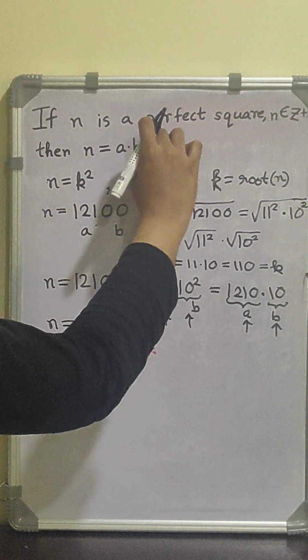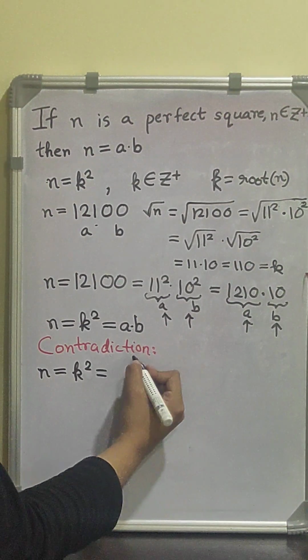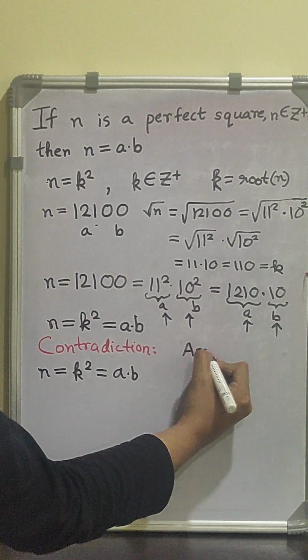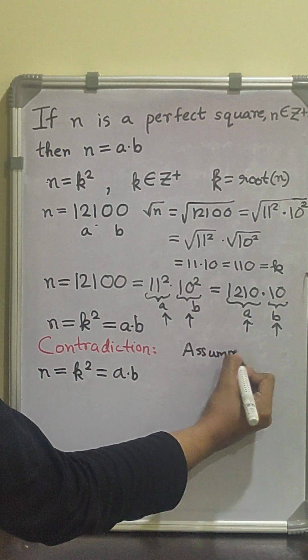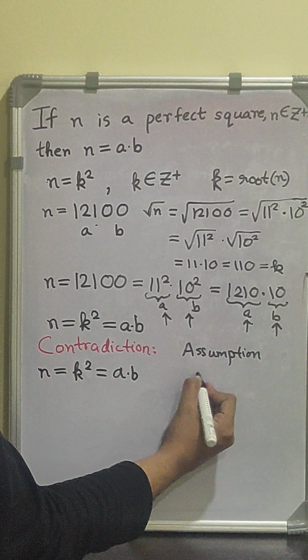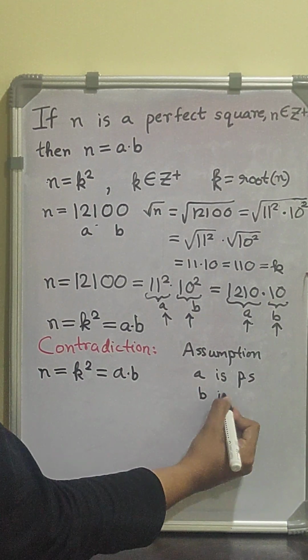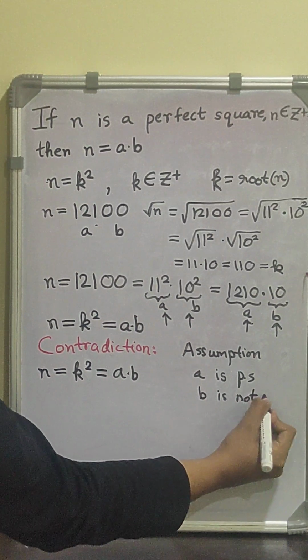And it's not really an assumption, it's just a property of a perfect square. So the assumption here will be that a is a perfect square and b is not a perfect square.